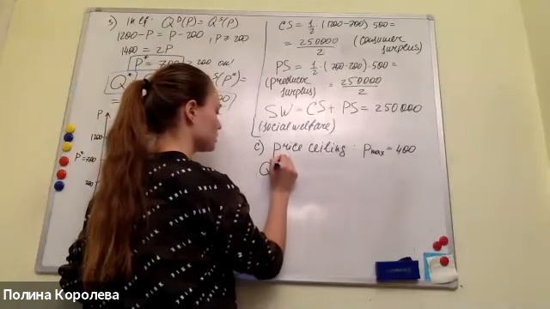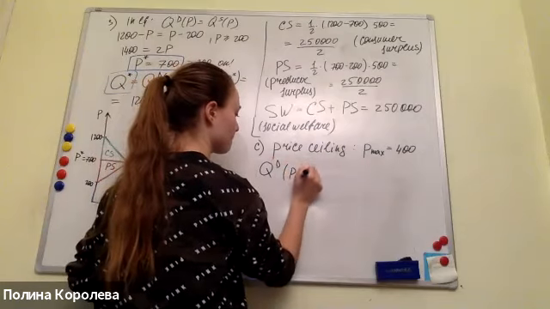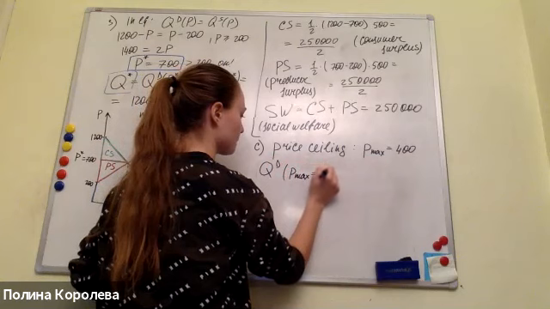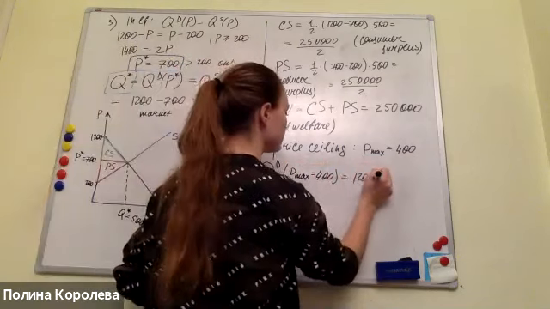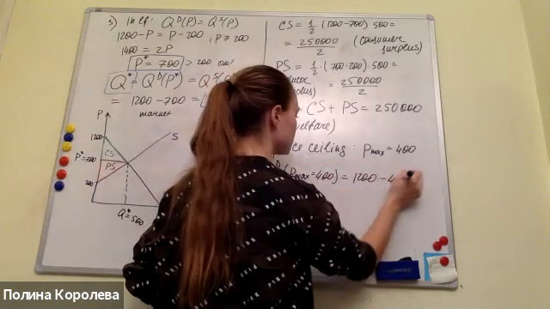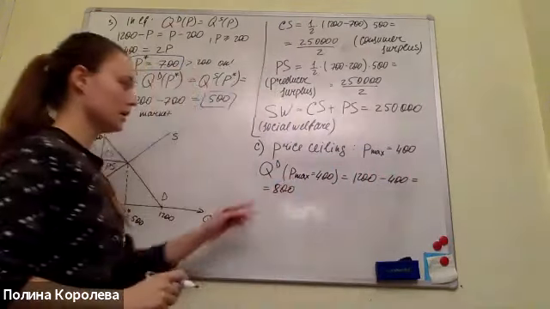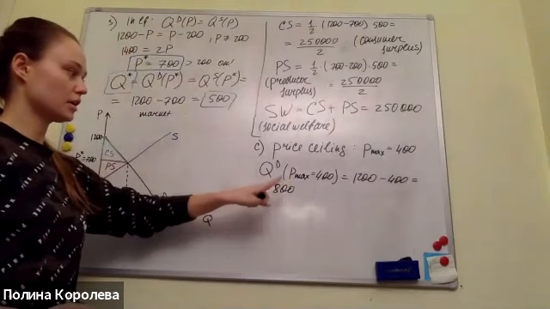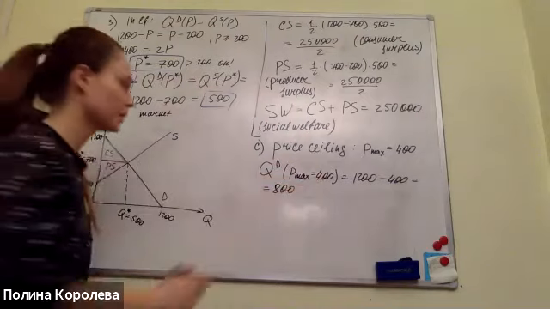What about quantity demanded with such a low price? How much? 1,200 minus 400. It is 800. This is how much consumers want to buy at this maximal price.